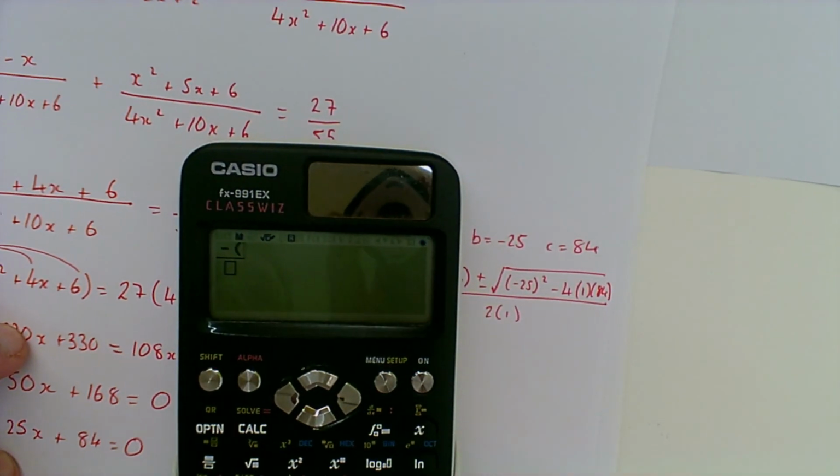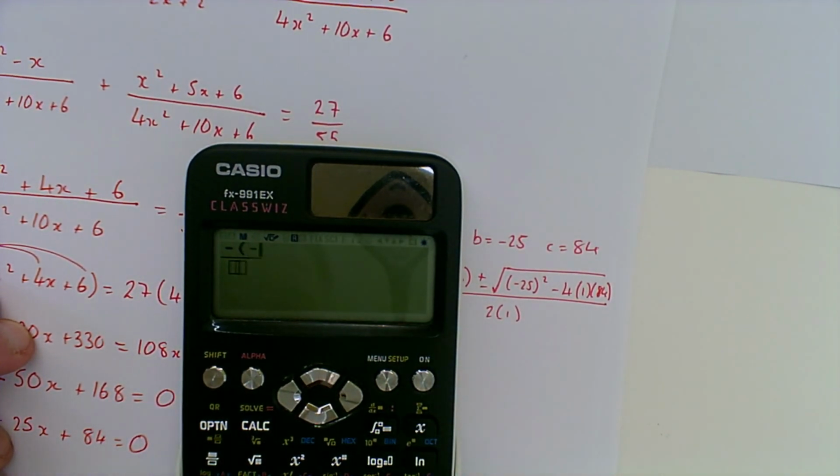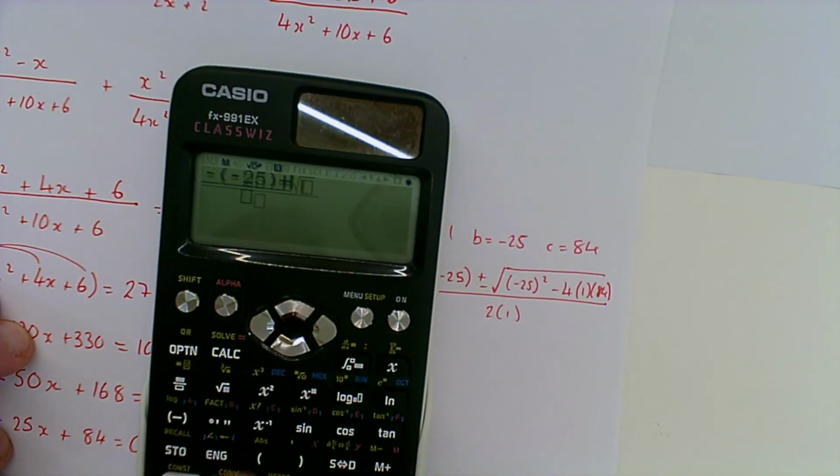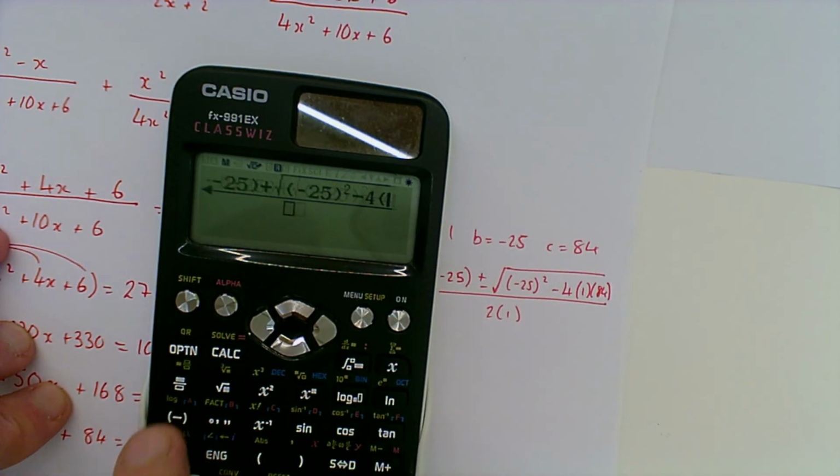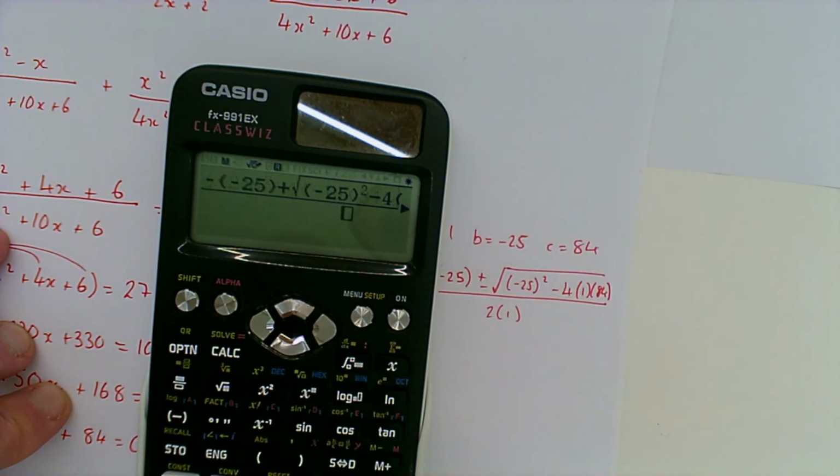So negative 25 plus the square root of negative 25 squared minus 4ac, so over the 84, all over 2 lots of 1. Press equals and I get 28.